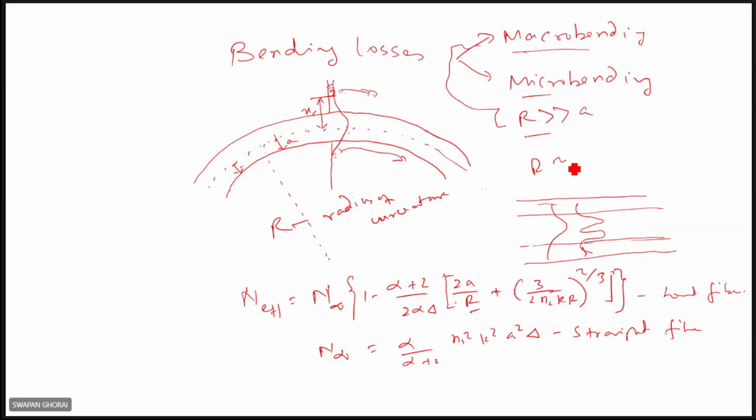But when R is nearly equal to A, then it is micro bending.